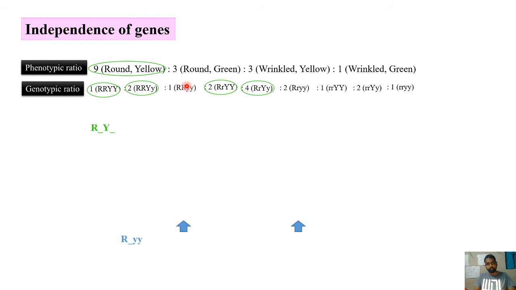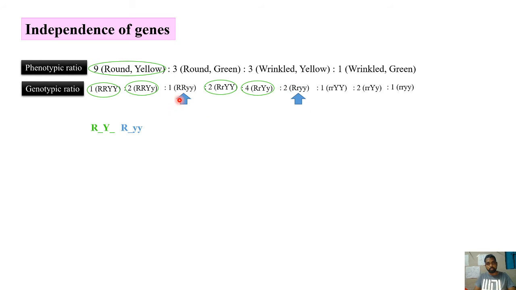The same way, this one is a double homozygous, in which one is with respect to the dominant one and the other one is with respect to the recessive one. Here this one is single heterozygous with respect to the dominant gene. Again, this one is round green, this one is also round green only.